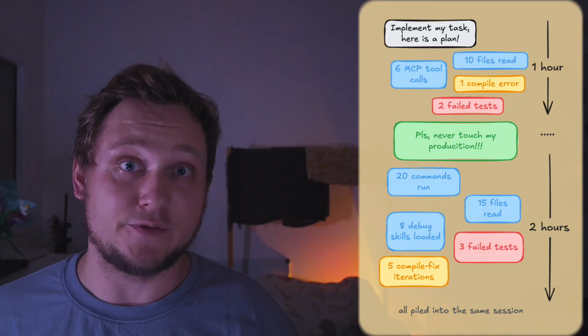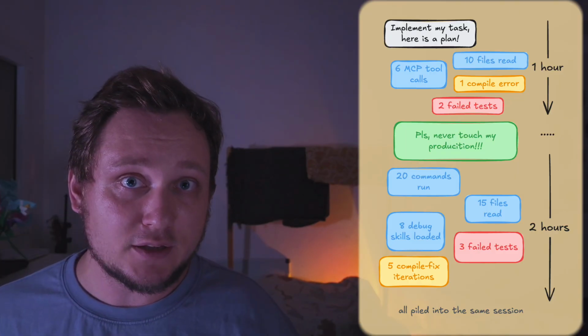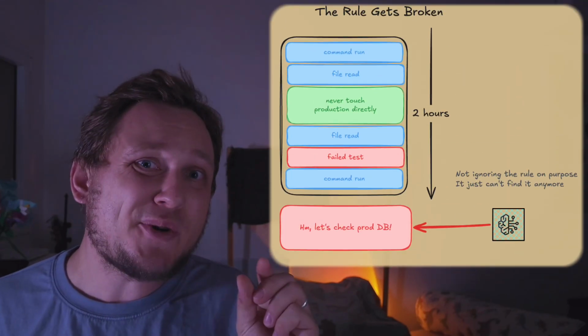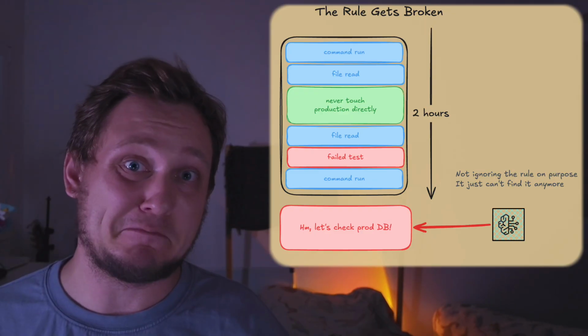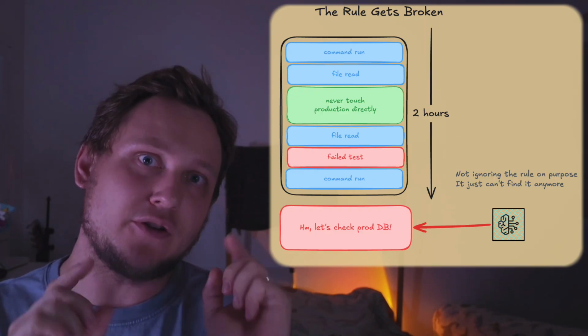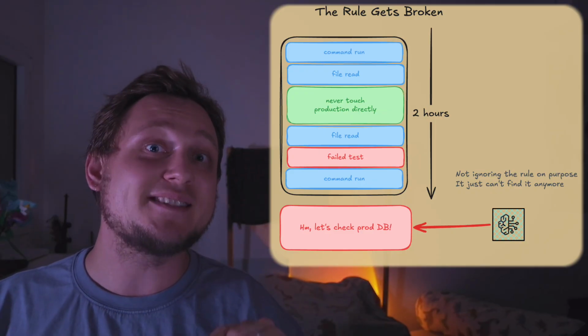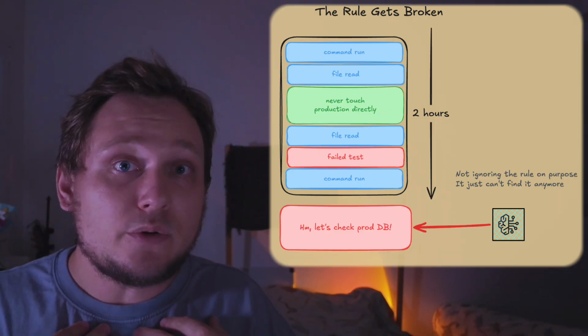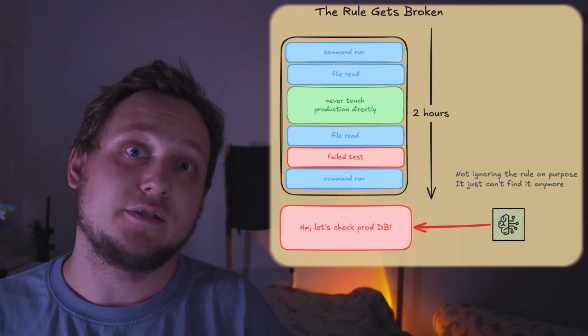It's read 15 files, run 20 commands, hit 3 failed tests. Then it suggests a quick fix. Run a small script against production. The instruction from hour 1 is still technically in the context. It's just buried under everything that happened since. The model isn't ignoring your rule on purpose. It just can't find it anymore.